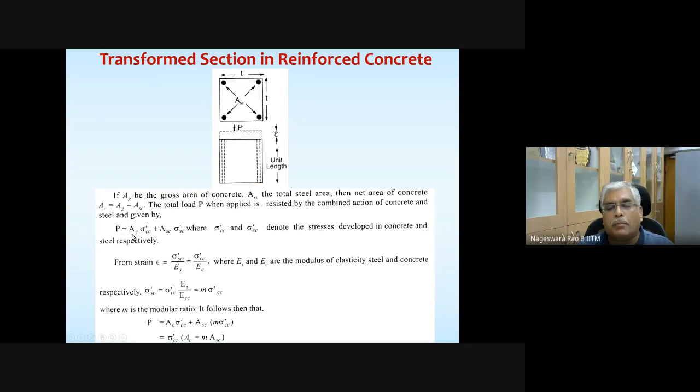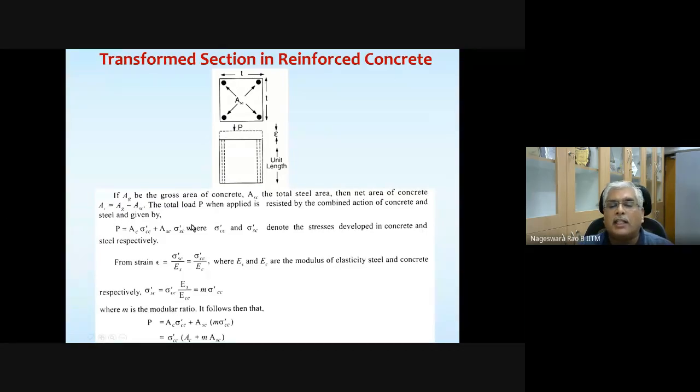Any questions here? P is equal to AC times sigma CC prime, where sigma CC prime is the stress developed in concrete when you subject this to a load P, and the stress developed in the steel is sigma SC prime. Any question here?